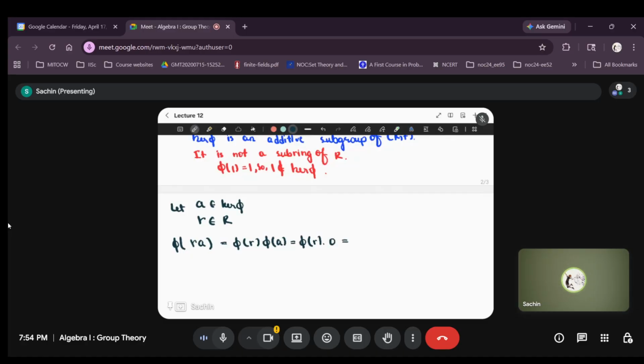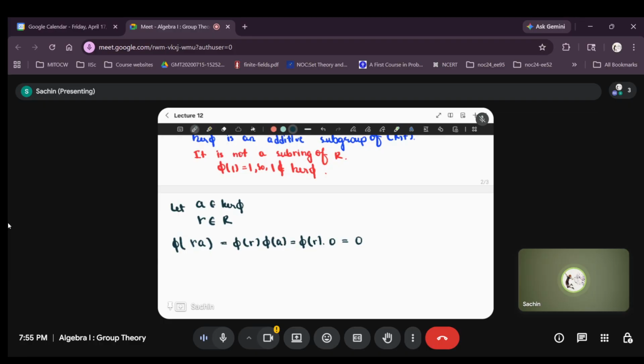Phi of a is 0. And I showed, I think, last class, any element times 0 will give you 0. So this is 0. So phi of ra is 0. Because a and r both are elements of the ring, by closure, ra will be in the ring.